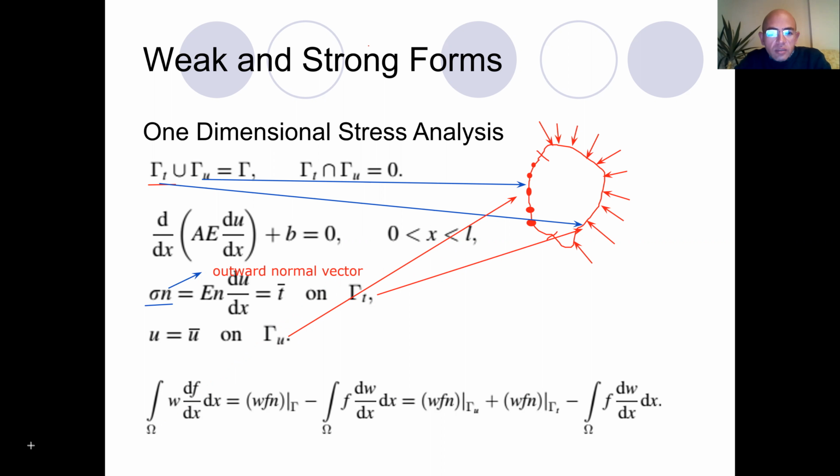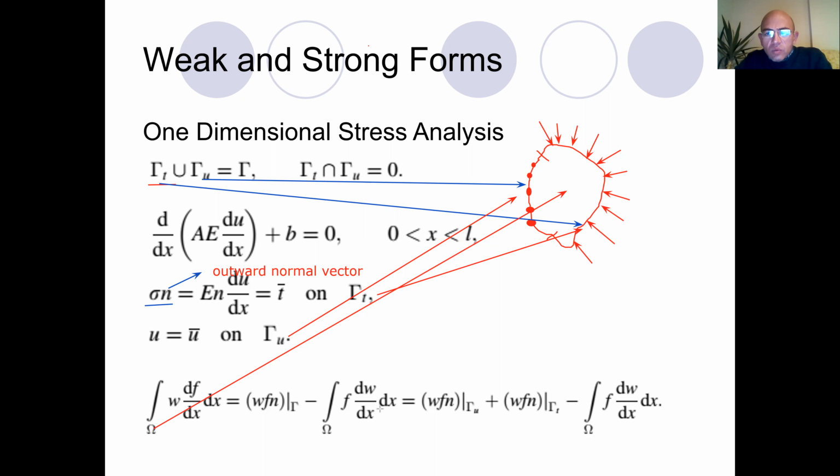Let me show it like that. So the domain is the omega. W df dx, integration over the omega. We can apply integration by parts here, or the Gauss divergence theorem. So that is W f n gamma minus integration over the omega f dw dx.